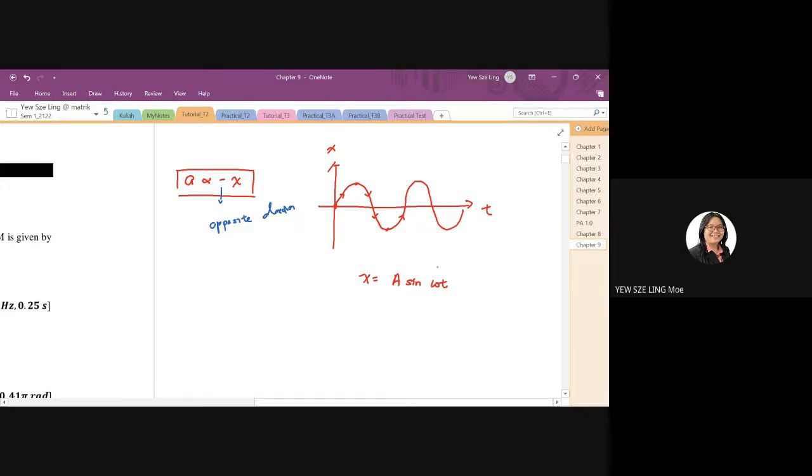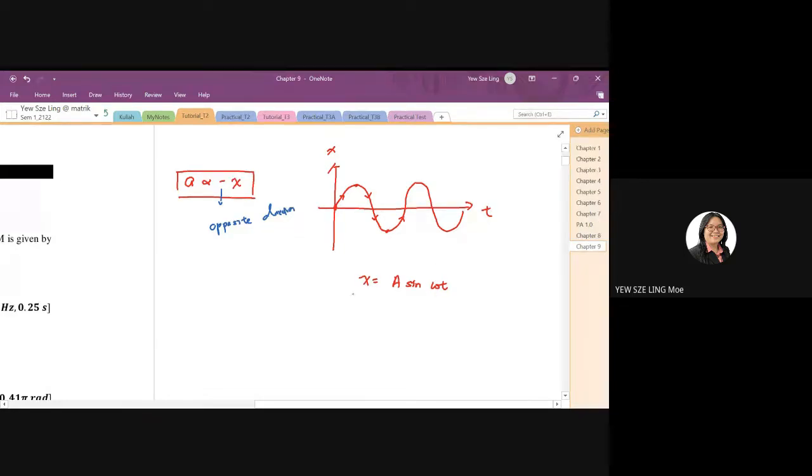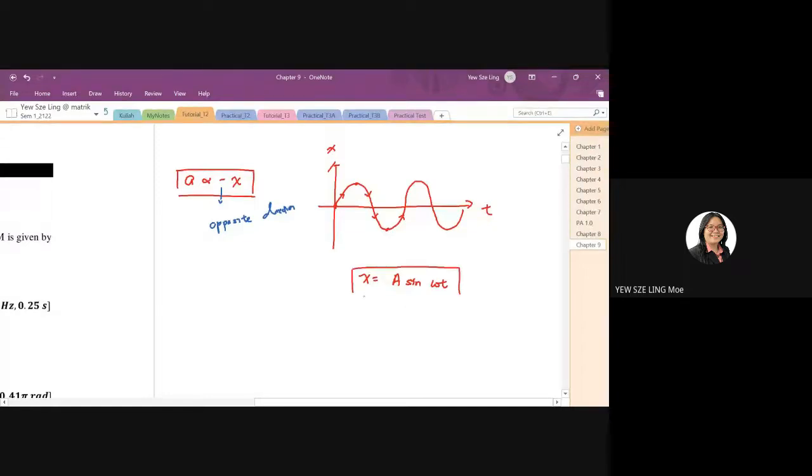Whenever you have a simple harmonic motion, we can always refer to this equation. When you're given a graph of x against t, or some information about omega and so on, and it asks you to form a general equation, we always refer to this one: x equals a sin omega t, where a is the maximum displacement and omega is the angular frequency.